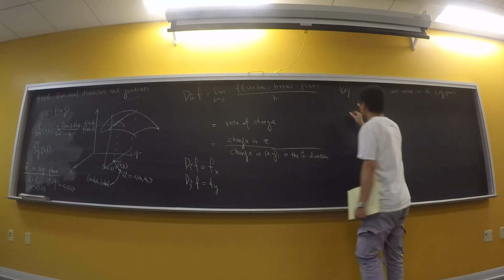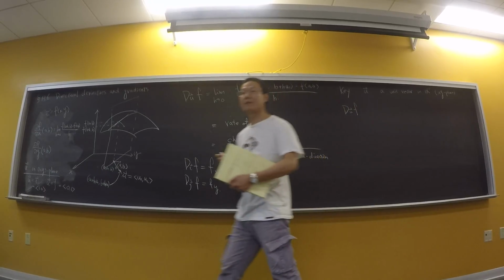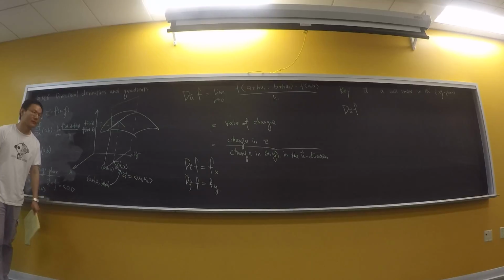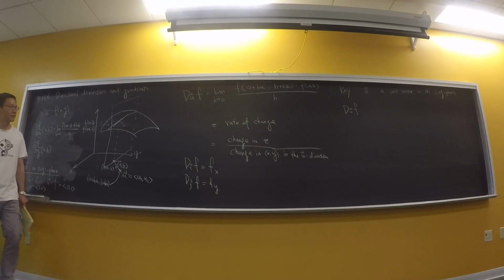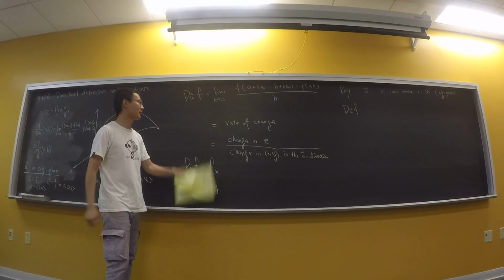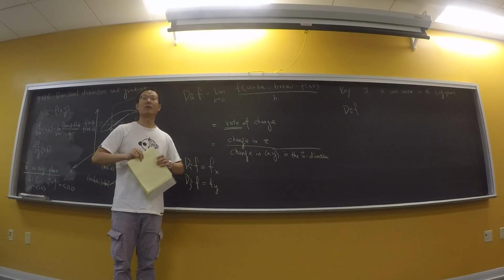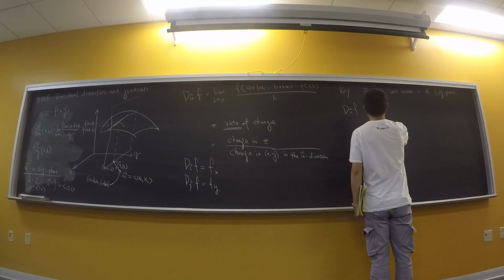And the directional derivative, is it a vector or is it a scalar? Directional derivative, is it a scalar or is it a vector? Scalar. What is the keyword in the sequence of equations? If it is talking about a rate, it has to be a number. So this is a scalar.